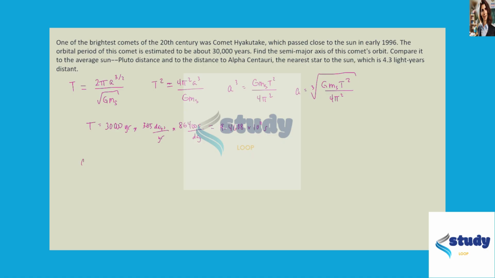So now we're able to calculate that the semi-major axis for this comet's orbit will be the cube root of G, which is 6.67 times 10 to the minus 11th, multiplied by the mass of the Sun, which is 1.99 times 10 to the 30th kilograms, multiplied by this number of seconds squared, and then all of that divided by 4 pi squared.